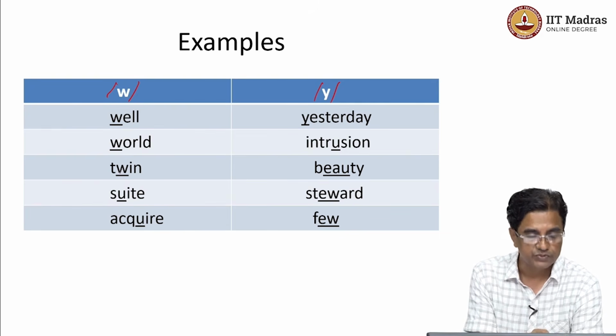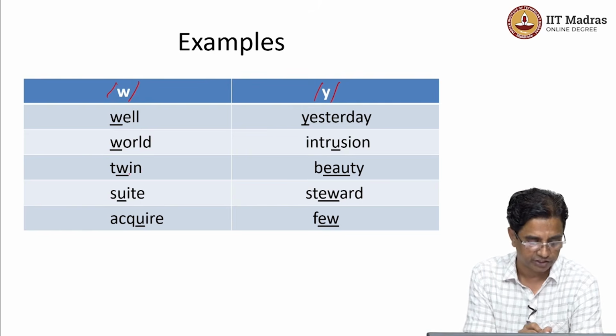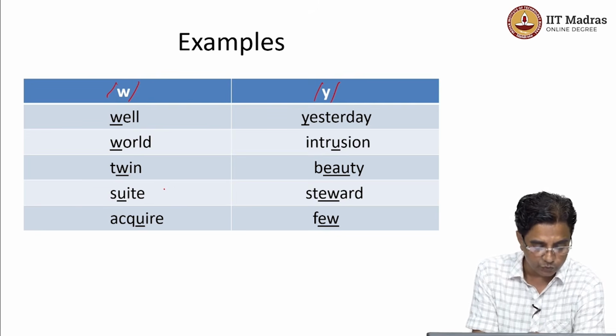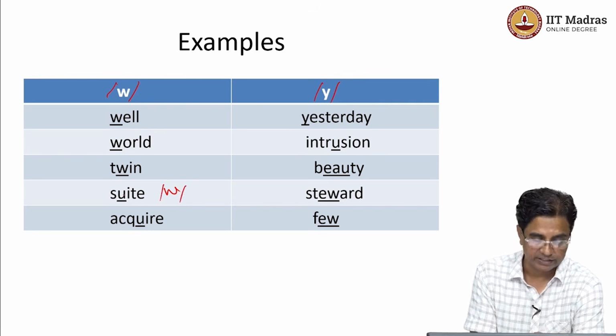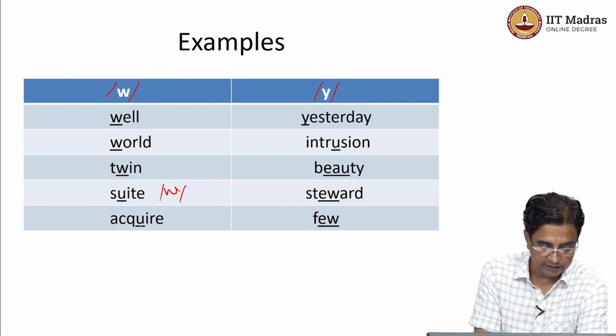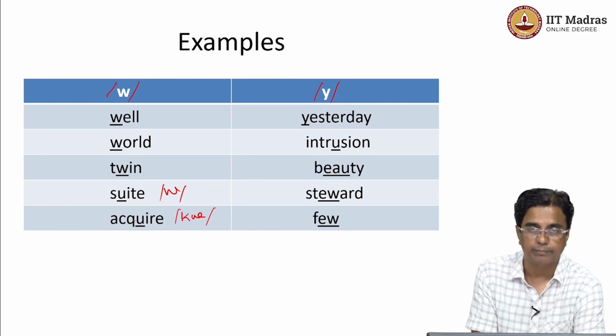Twin, you see wa coming in the middle of the word, not in the initial position. But look at sweet. You do have a wa sound here in this word, but there is no W. Acquire: here you see ka and wa sound in this word, but there is no W.